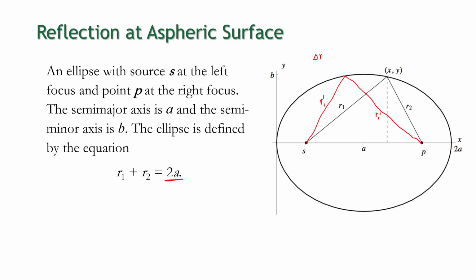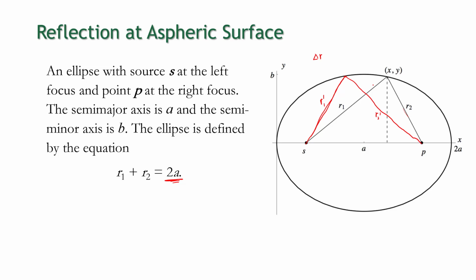So whatever part you subtract from this one to get this one, you have to add that part on that one to get this one, to make this constant. Does that make sense? Because the sum of these two lines is always the same.